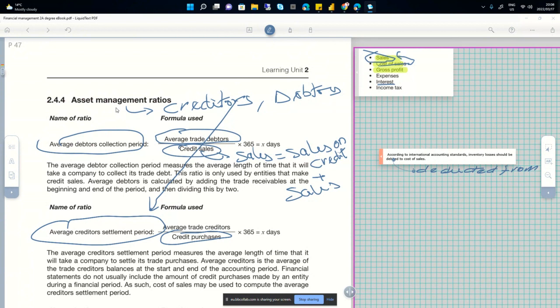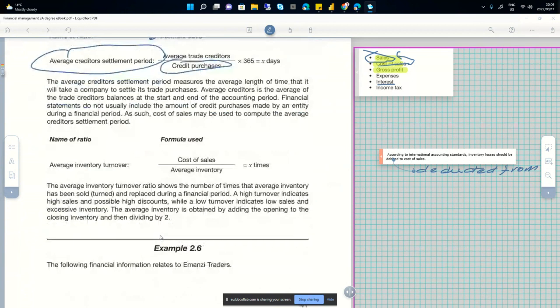Then we look at our average debtors. Debtors divided by, average trade debtors, obviously. Remember, the time factor will be 365 because we're multiplying by 365, sometimes by 366, depending, but there's not much difference. But you can see average trade creditors divided by the credit purchases times 365 because we need to find the number of days.